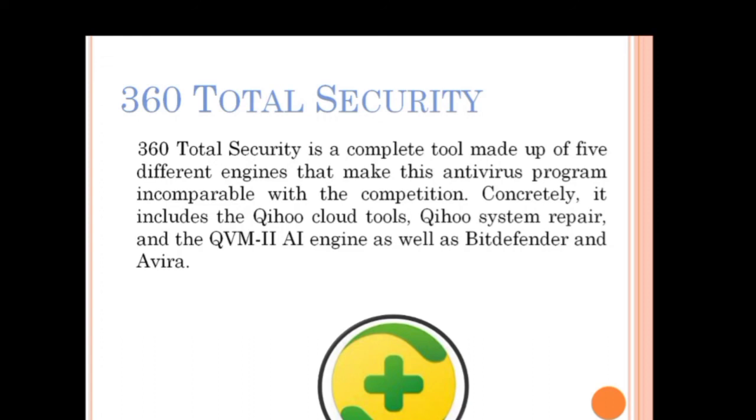All the antivirus products in the market, 360 Security is much greater than those. It includes the Qihoo cloud tools, Qihoo system repair, and the QVM AI engine, as well as Bitdefender and Avira. So 360 Security is the most popular and the most useful.